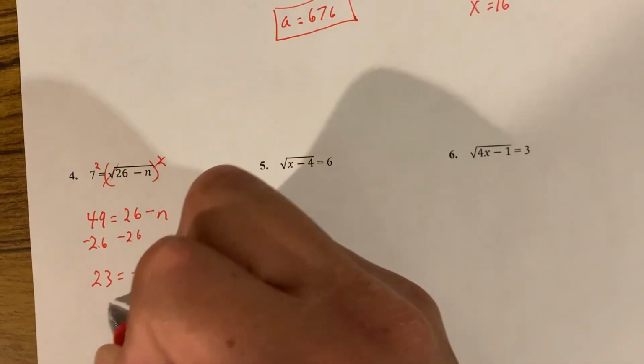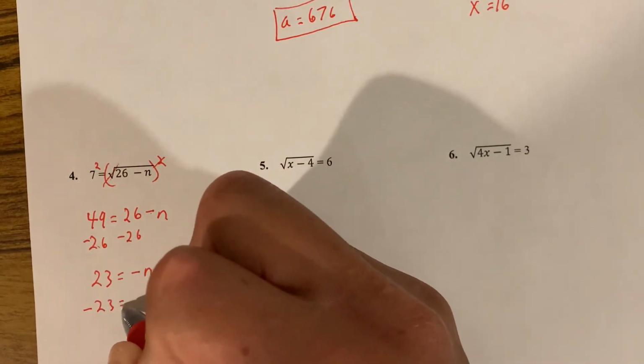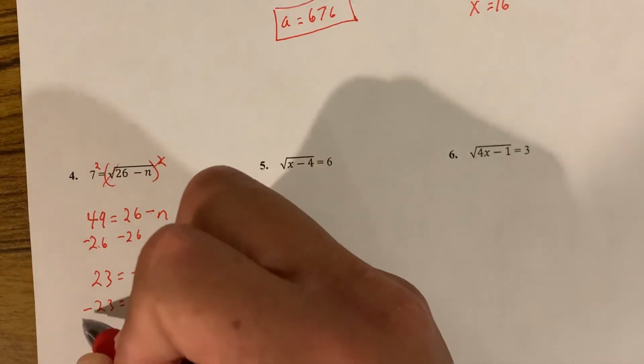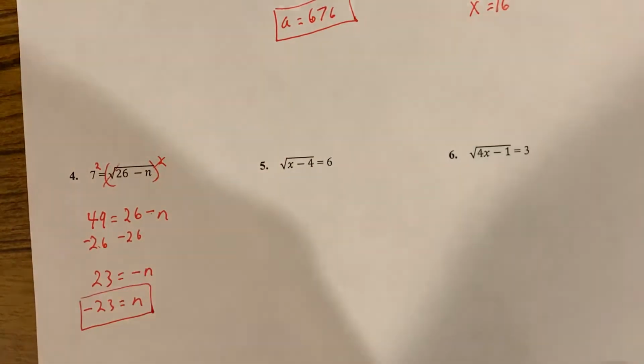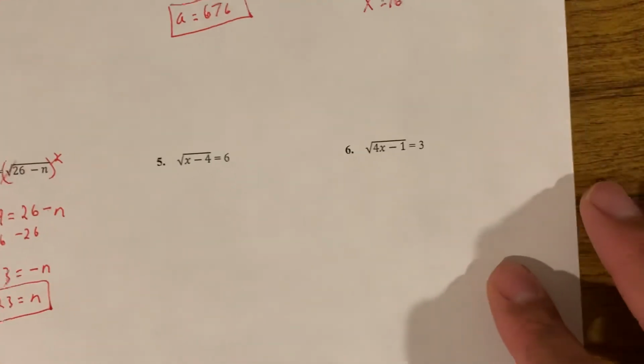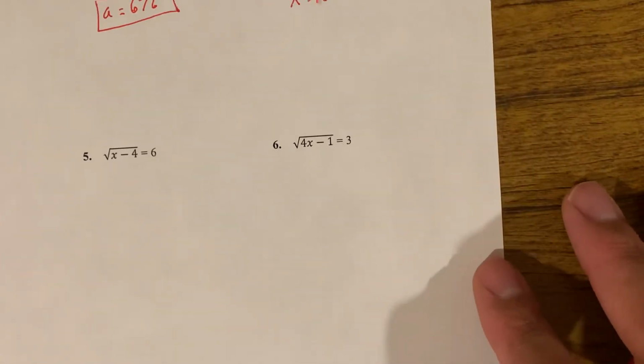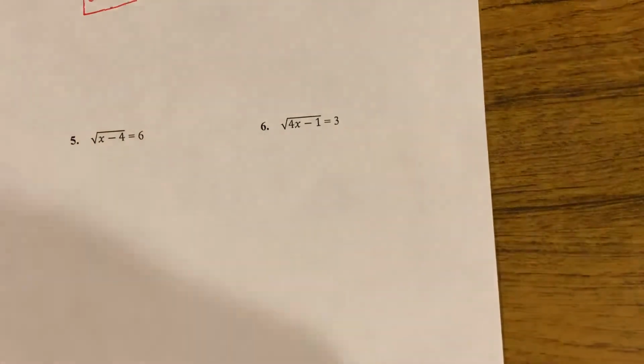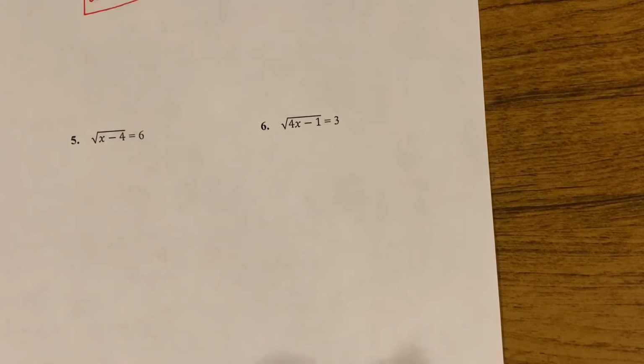Multiply both sides by -1: negative 23 equals positive n. You guys got this. This is such a fun way to end. Here, the radical's already by itself, just like the last one. If I were you, pause the video, try 5, try 6, see what you come up with, and then come back and see how I do it.